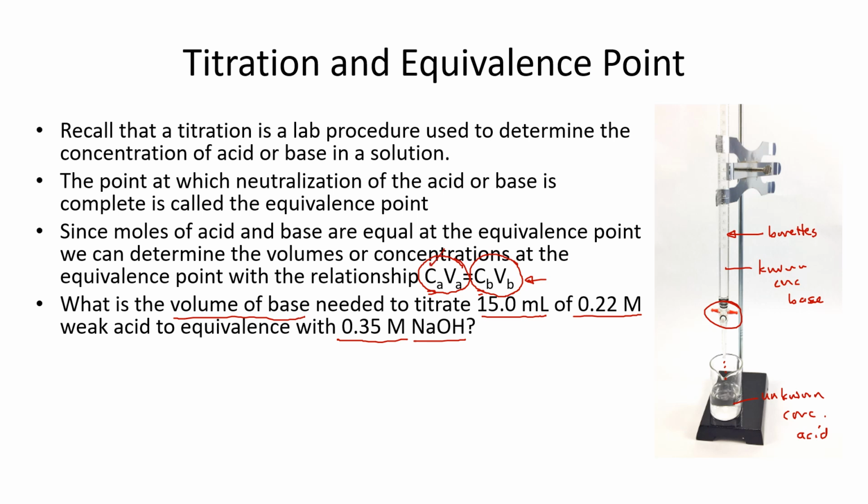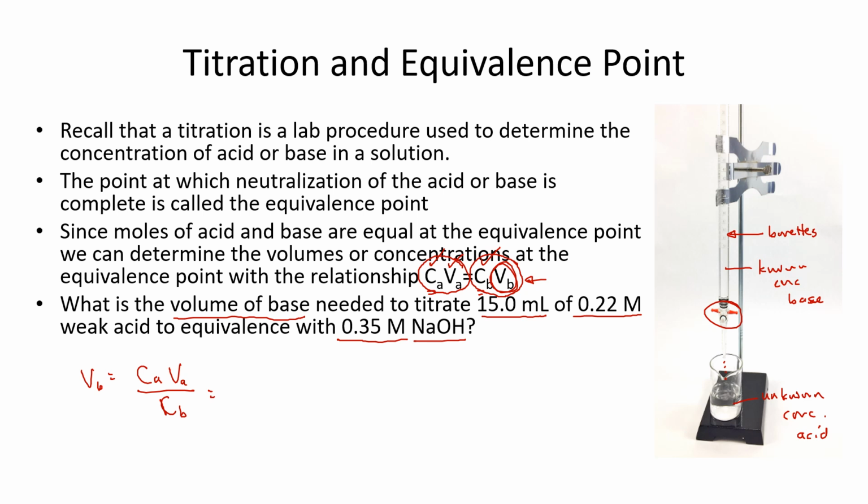So we've got the concentration of the acid, we got the volume of the acid. We have the concentration of the base, and so we're looking for the volume of the base. So you can rearrange that so the volume of the base is equal to the concentration of the acid times the volume of the acid all over the concentration of the base.